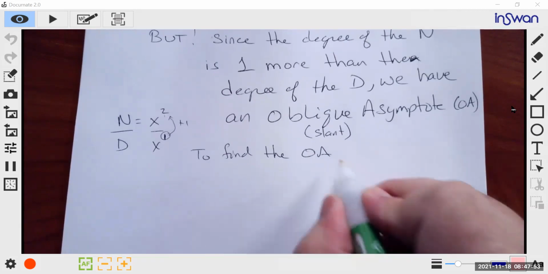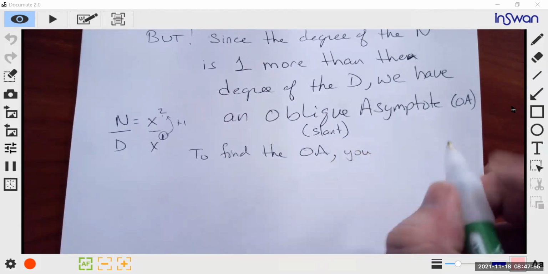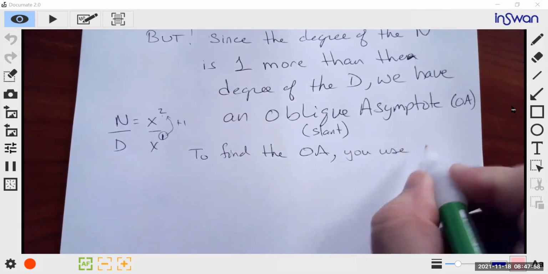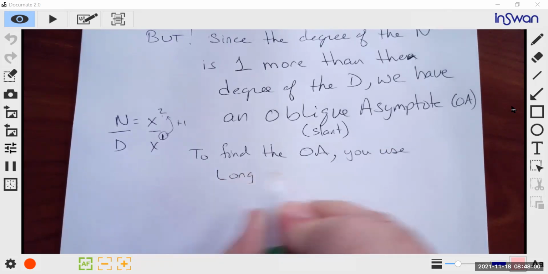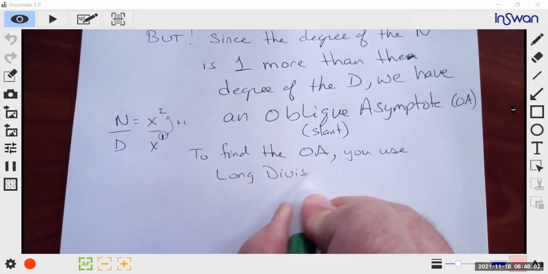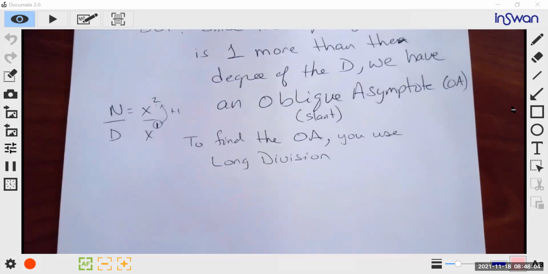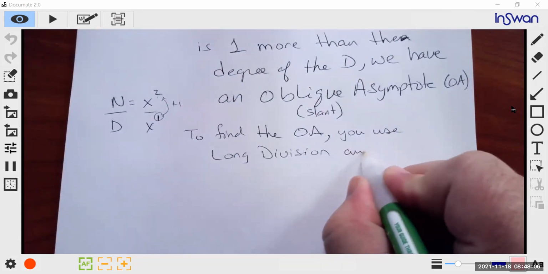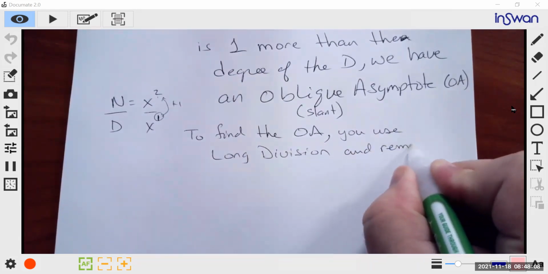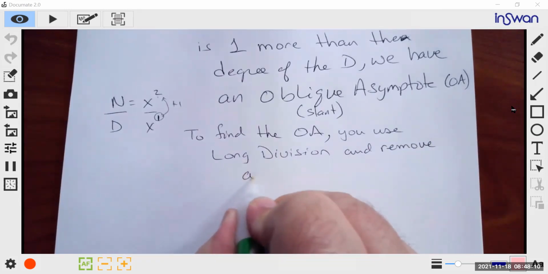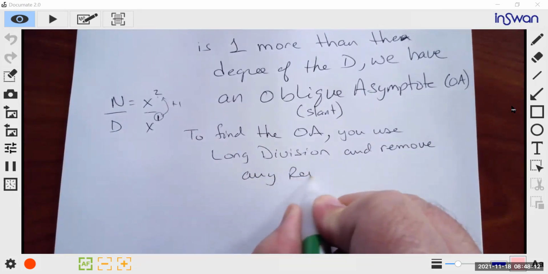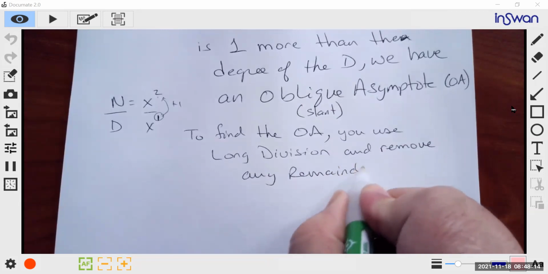To find the oblique asymptote, you use long division and remove any remainder.